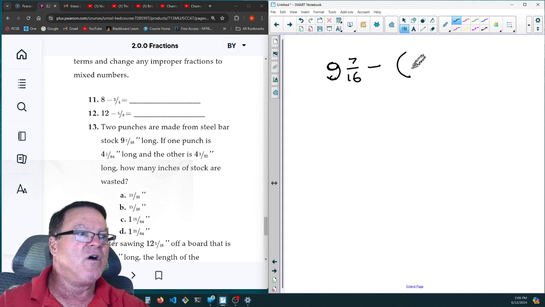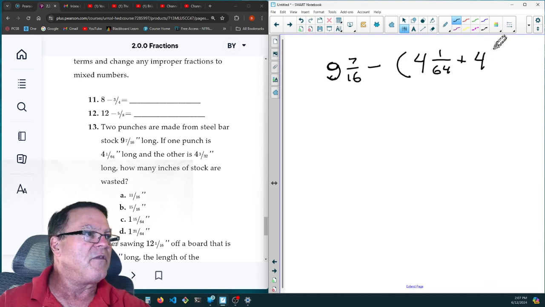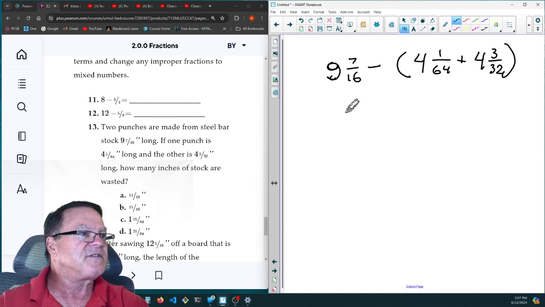I'm going to add 4 and 1/64 plus 4 and 3/32. And then I'm going to subtract that from 9 and 7/16.